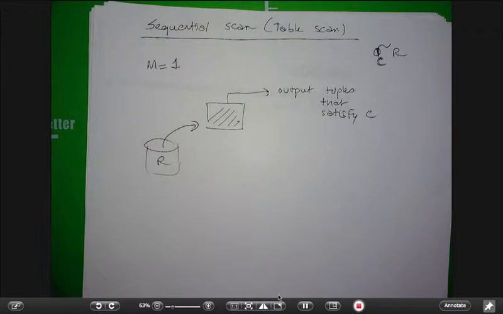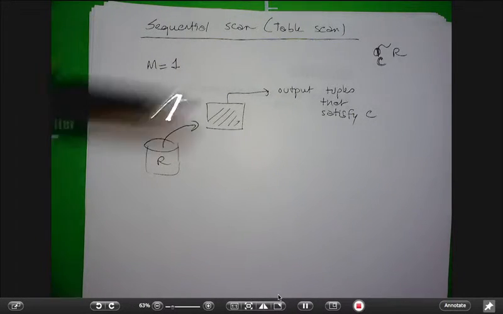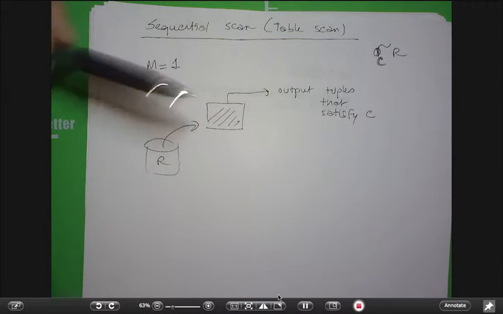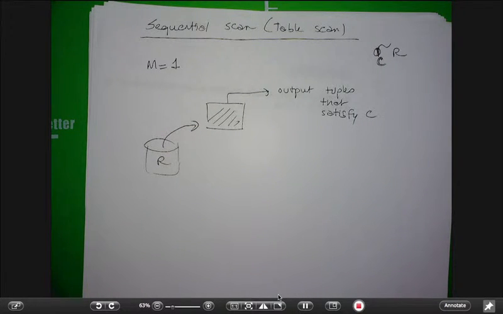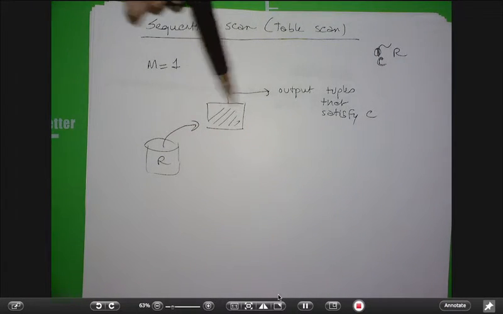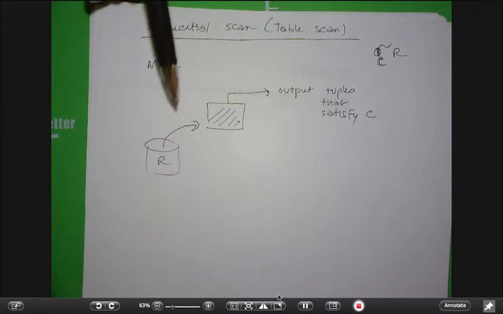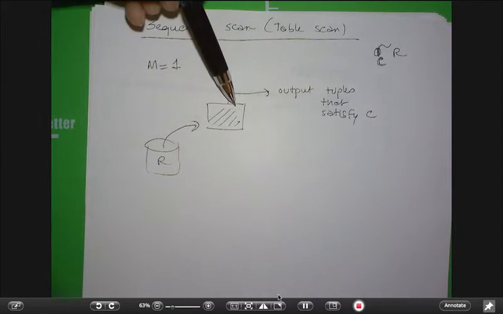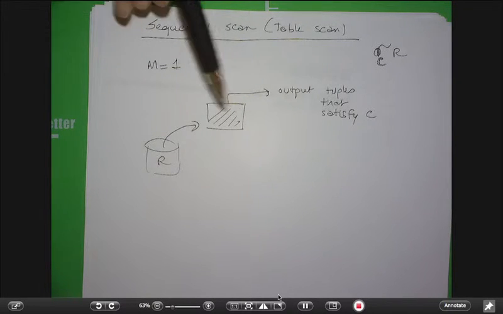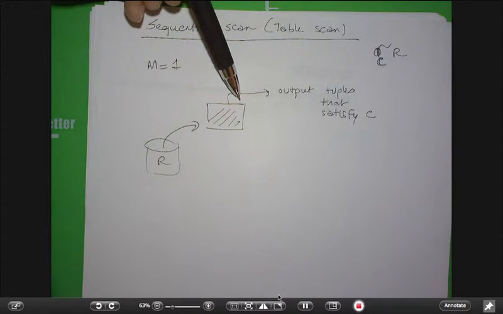Now think about how getNext would work. So for this to work with getNext, here's what's going to happen. If I need to find the next tuple in the output, I'm going to read here to see if there's any tuple that satisfies the condition C. If there are no tuples, then I'm going to go and read the next data page from R, read this into here, and then I'm going to scan those to see if there's a tuple.